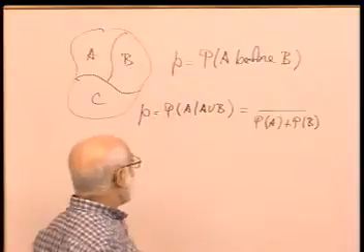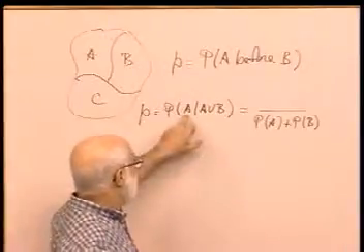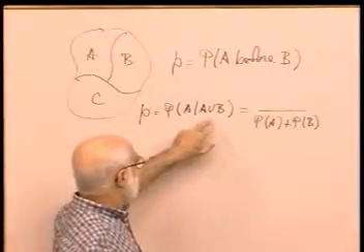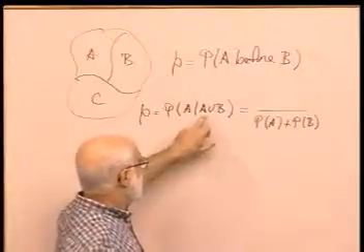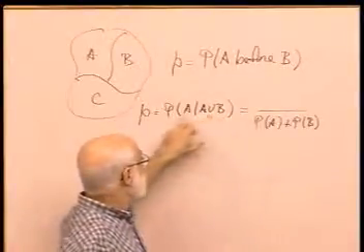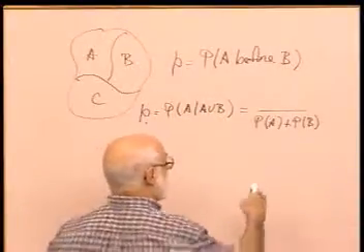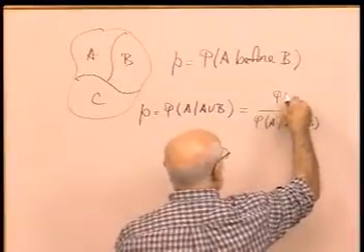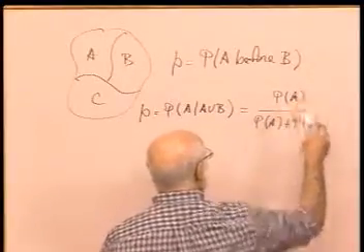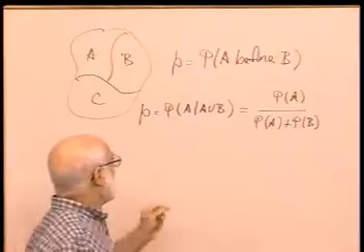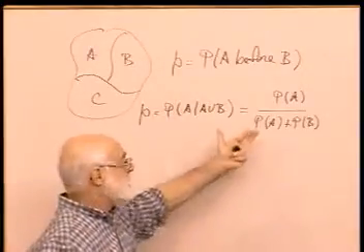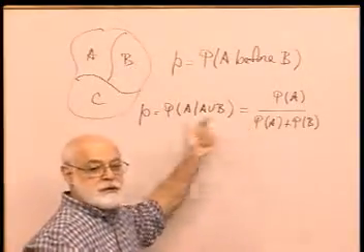And the numerator is the probability of the intersection of A with the union A or B. And obviously that's exactly the same as A, so the numerator is the probability of A. And this is exactly the formula that the author derived, assuming that the trials were independent, but I haven't made any assumption now about independence.